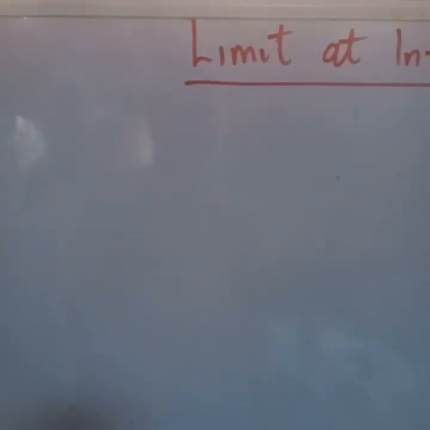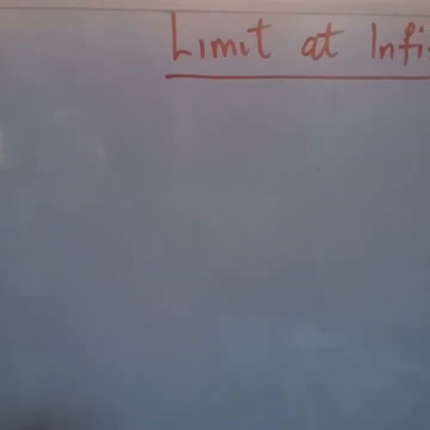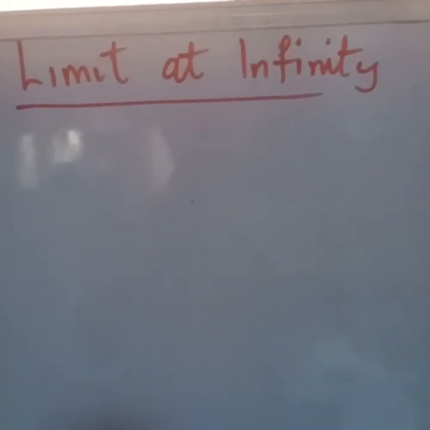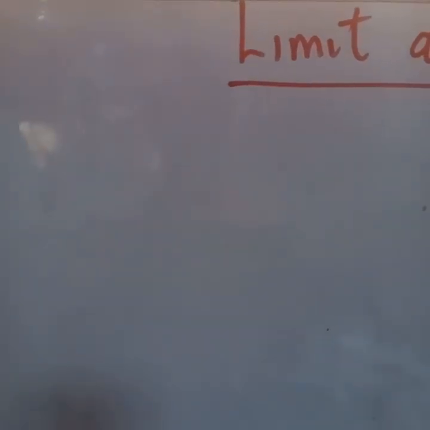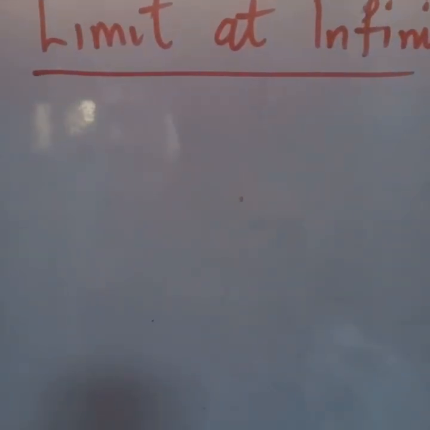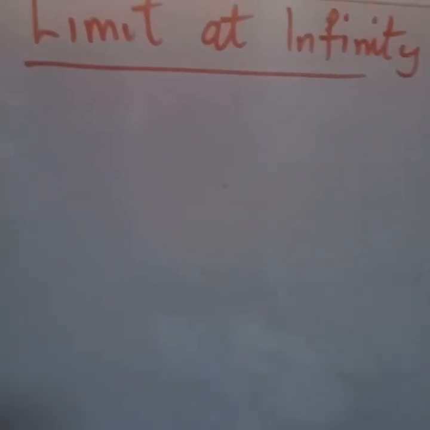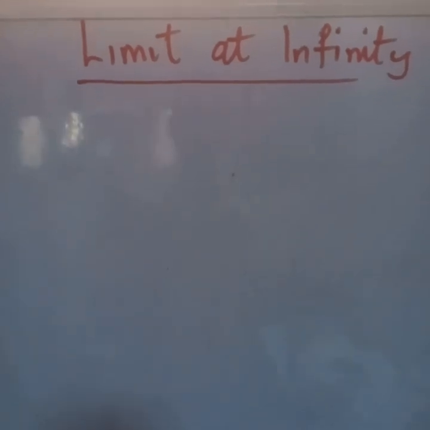Good day. Today, we want to look at another limit of functions, which is referred to as limit at infinity. What we mean here when we say limit at infinity is that when the value of x becomes large, what happens to the value of y?